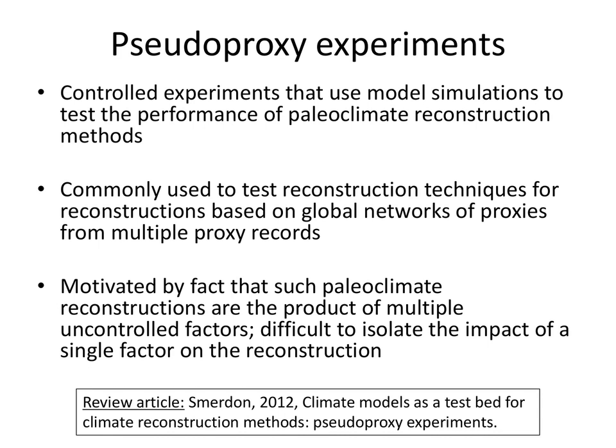But they're really motivated by the fact that paleoclimate reconstructions, especially these ones that draw on networks from a large number of disparate types of proxy records, are really the product of a number of different uncontrolled factors, and it's really hard to isolate the impact of a particular one of these uncontrolled factors on the total reconstruction product. And so it provides a context for making controlled experiments to test different components of the reconstruction framework and assumptions.